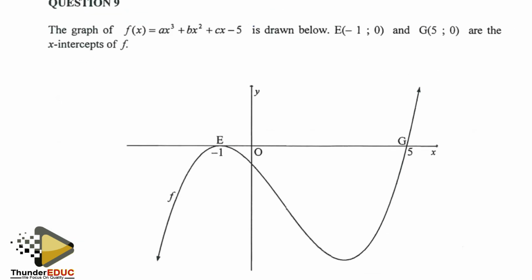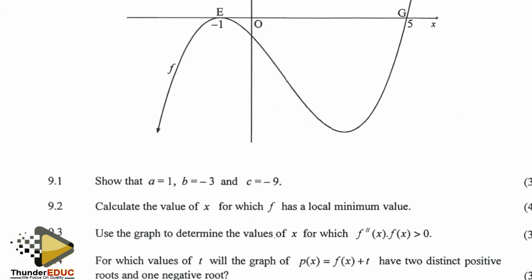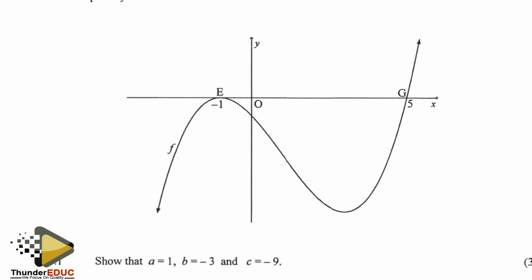Okay, question number 9. Question number 9, they are telling us that the graph f is drawn below is that, and g is that at the intercepts. First question, can we show that a is 1, b is negative 3, and then c is negative 9? So the approach to this is, when you look at e, it is an intercept, but at the same point, it's a turning point, which plays a bigger role.